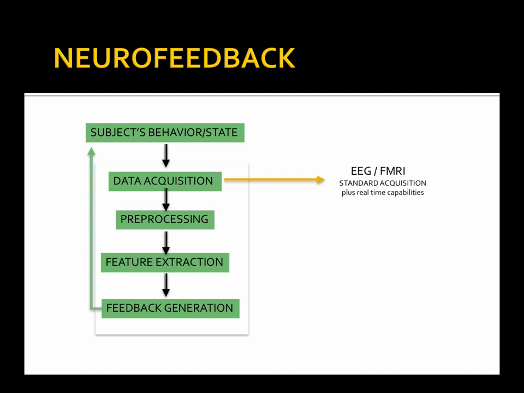We need a standard EEG or fMRI system, with the added requirement that we need to be able to somehow extract the data in real time so we can move forward. Most of our scanners have this capability. Actually, all have it.